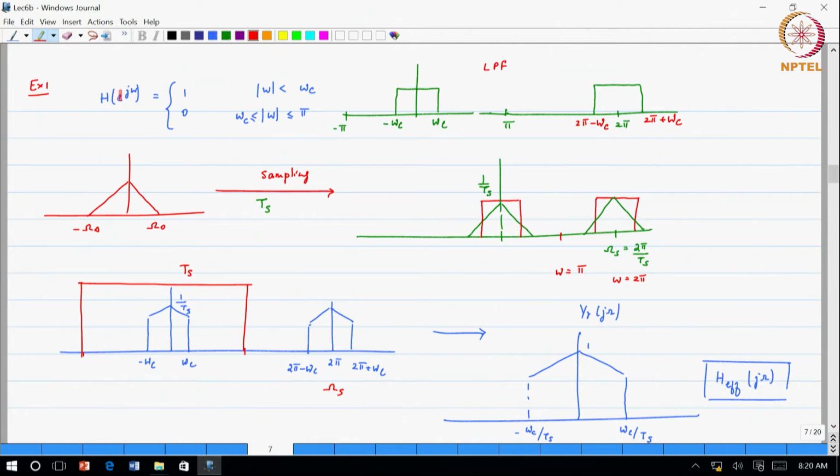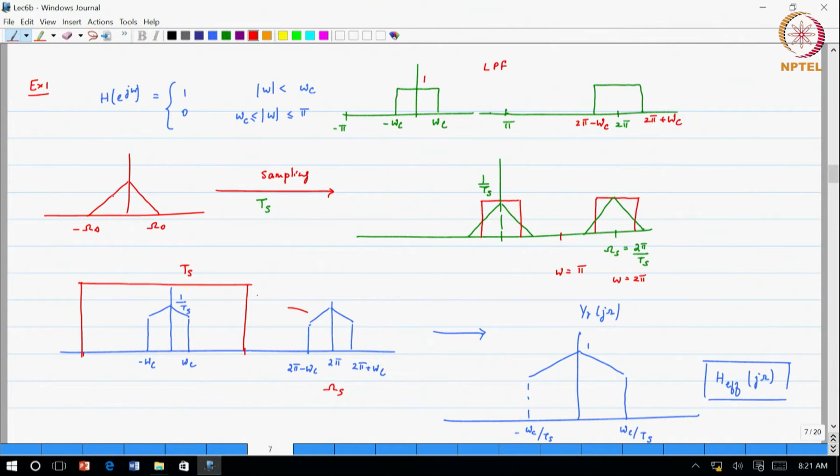The discrete time system has the following transfer function, which we sketched and observed is a low pass filter and that it will have periodic repetitions of the spectra. So, from minus omega c to omega c, we have a transfer function with an amplitude of 1, and then it is 0 in the rest of the region between minus pi to pi.